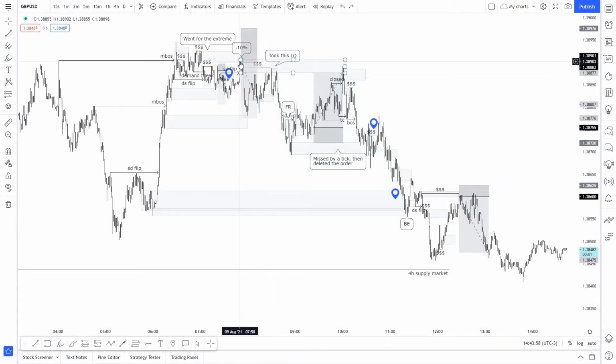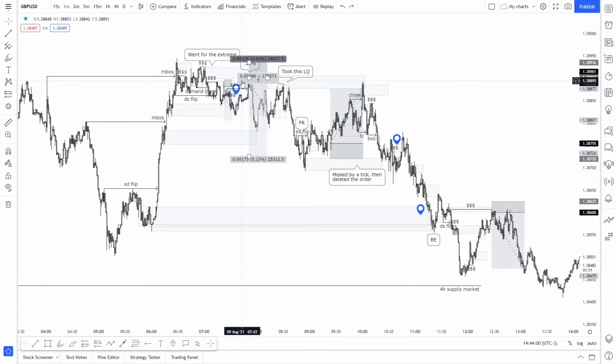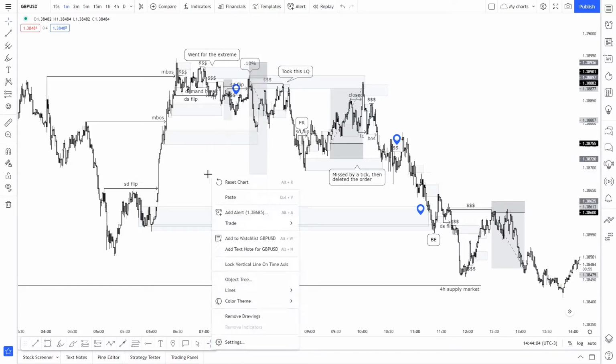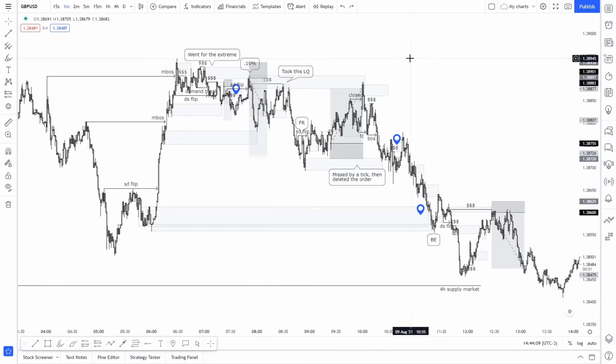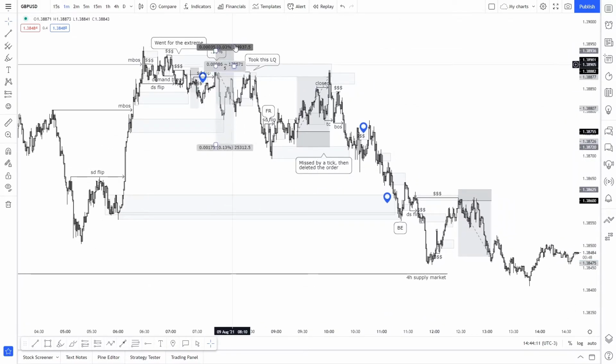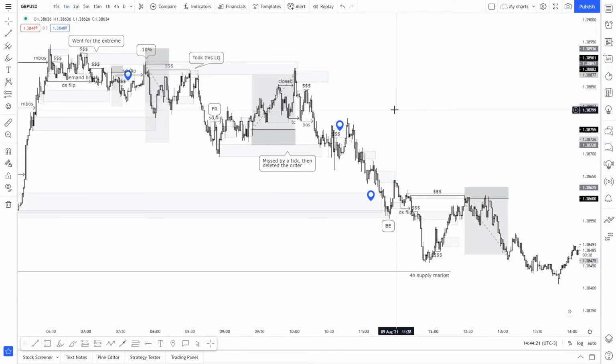So in this case, we had 8.2R to go for. I don't really think I would have aimed for that, to be honest. This is a very large target for not much of a reward. Of course, 8R is pretty good, right? But I think you get what I'm saying.